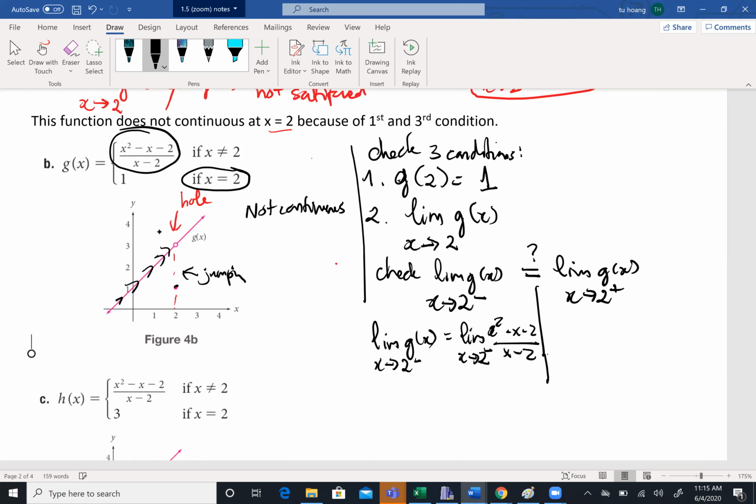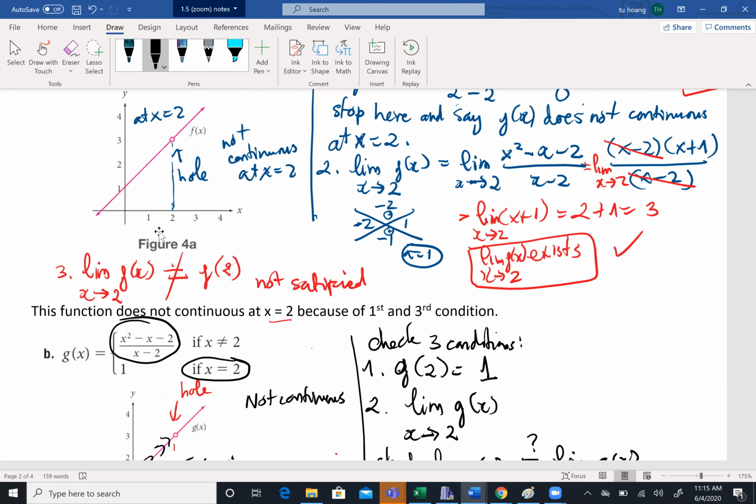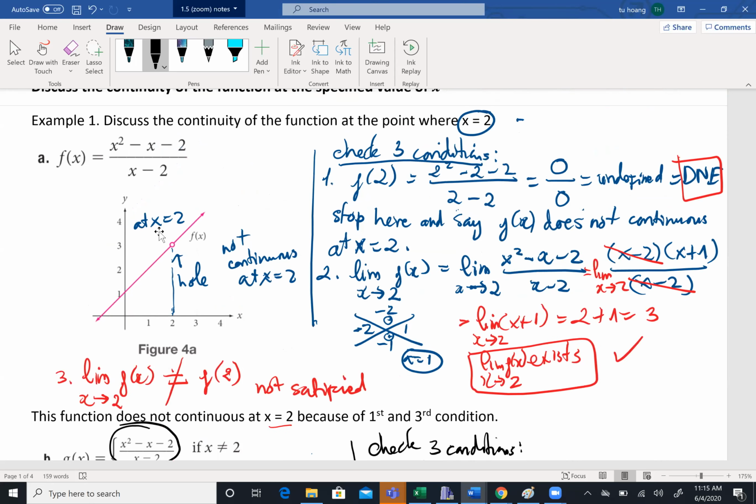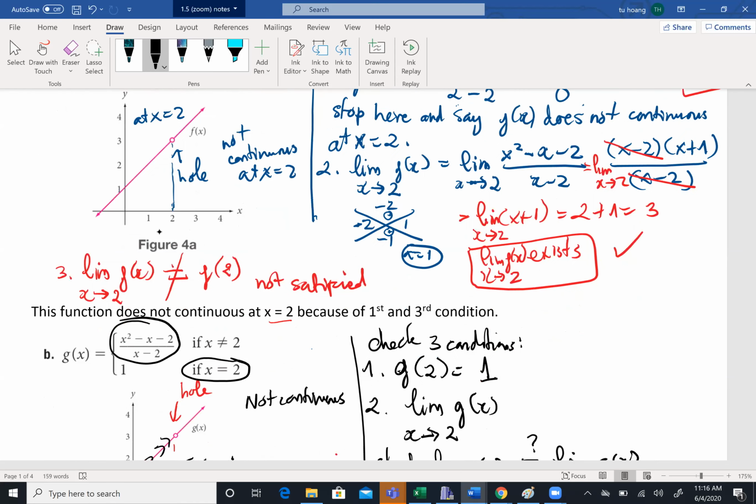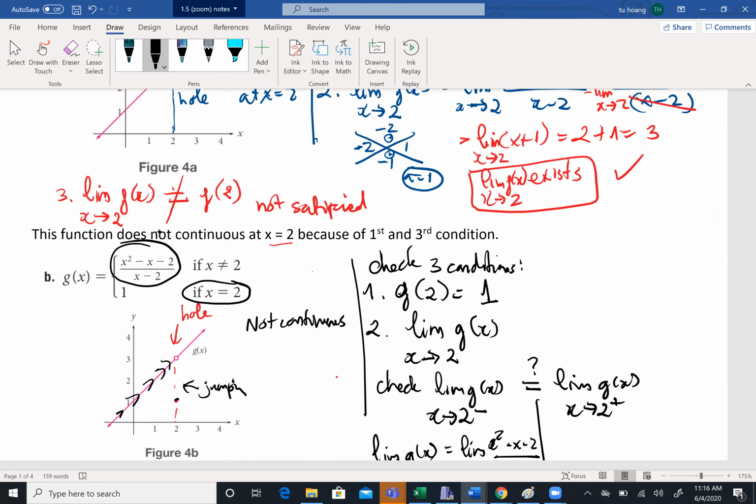And this one is going to be similar to part A here, right? You just have to factor the top and bottom in order to cancel some things.